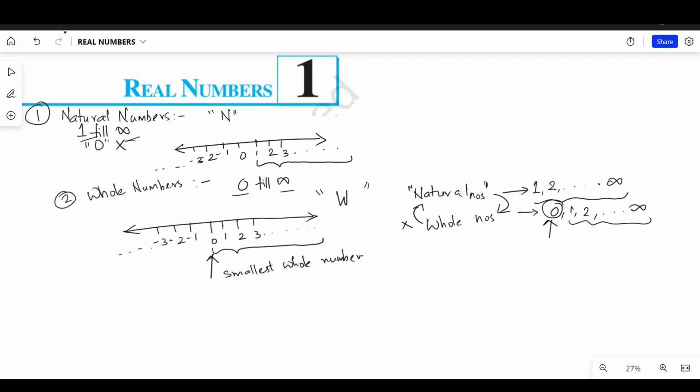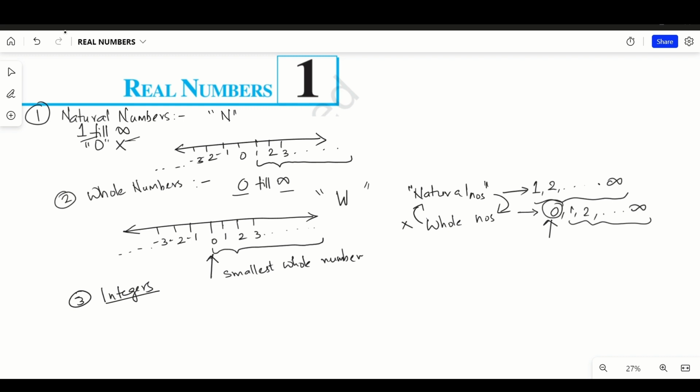Okay, now next we'll be discussing about integers. So what are integers? Integers are sets of numbers comprising of 0, positive numbers as well as negative numbers. So it includes all whole numbers and negative numbers.